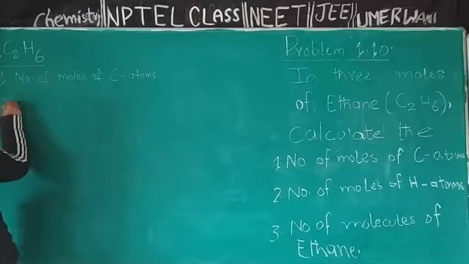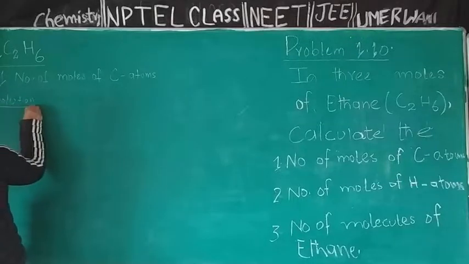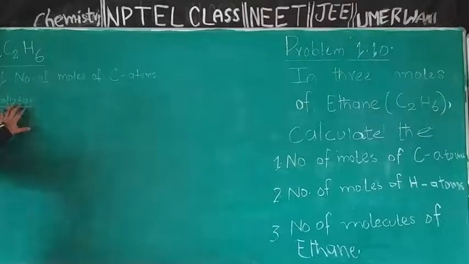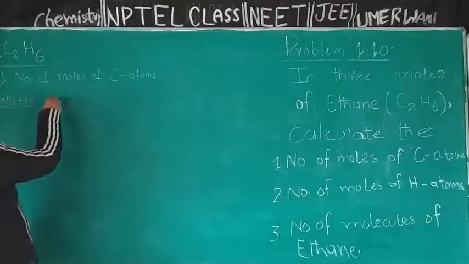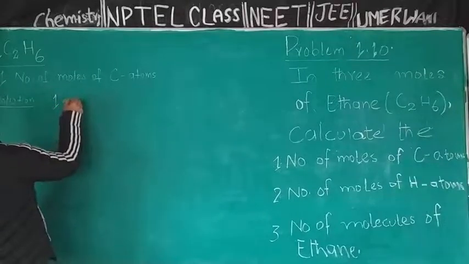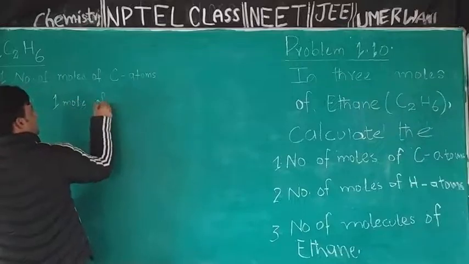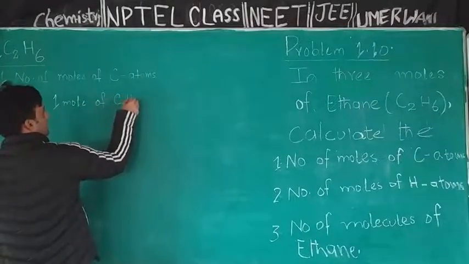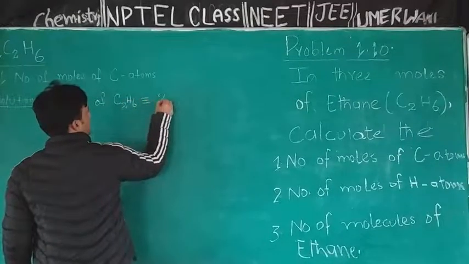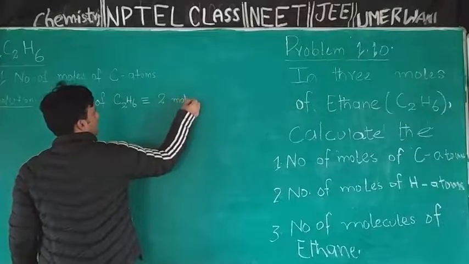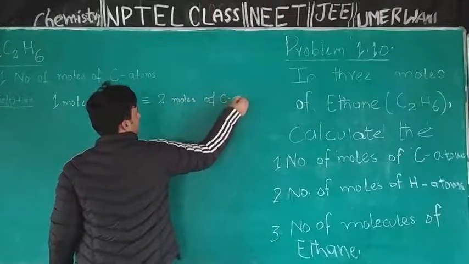I will start solving this part by this fundamental information, by this quantitative information, by this definite information about ethane that is conveyed to me by its molecular formula, that 1 mole of ethane contains 2 moles of carbon atoms.